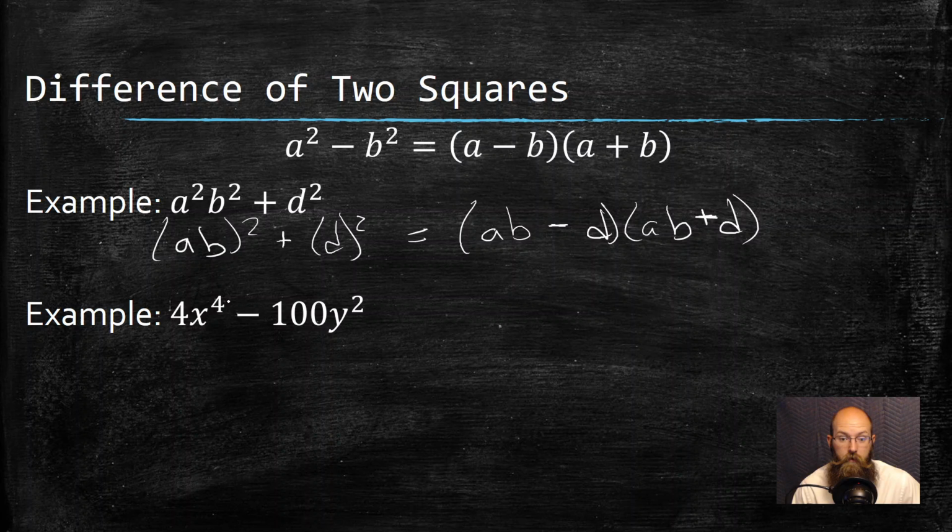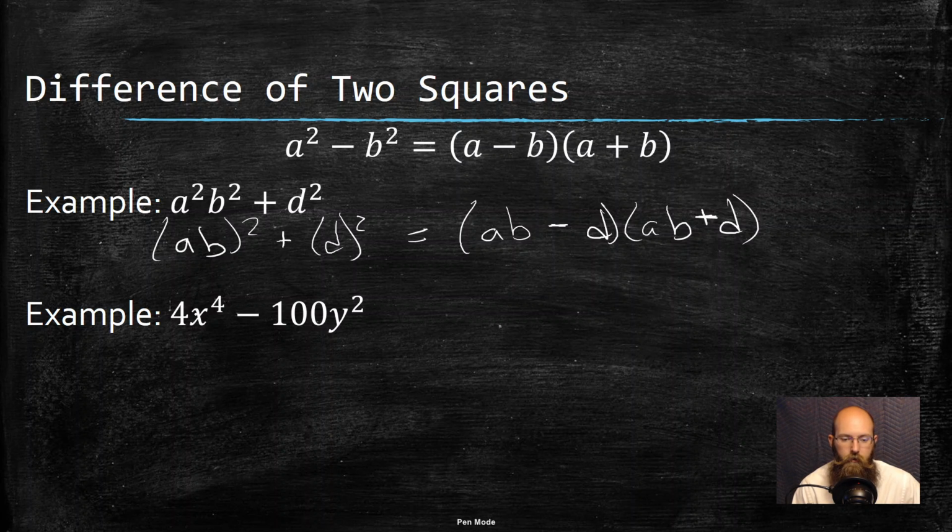Now this bottom one, you could still split this up by saying, okay, 2x squared, all squared, and then what squared gets me a 100? Ooh, 10. Yeah, almost forgot. I could do this and keep going, or I could remember that I should always check my GCF first.